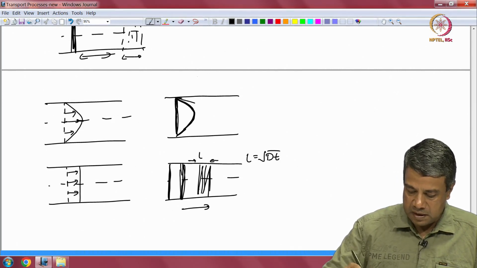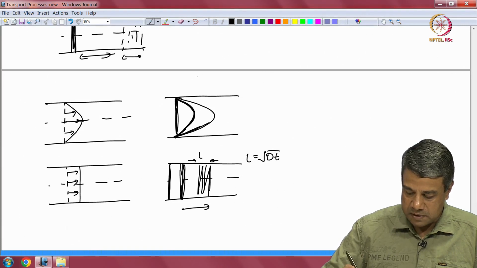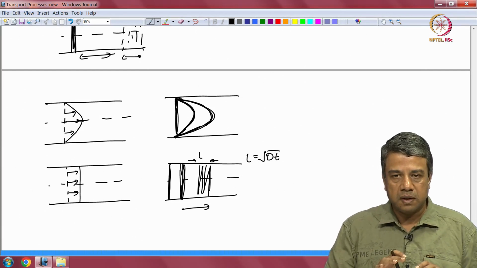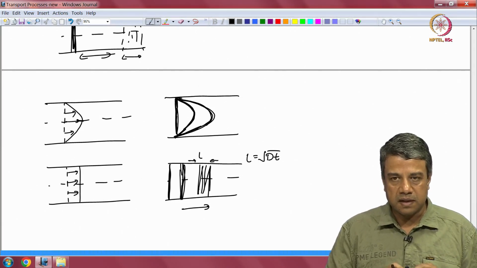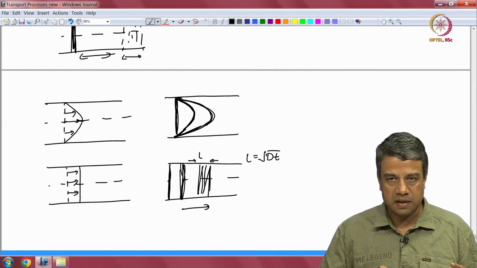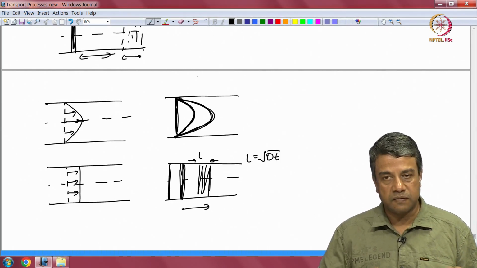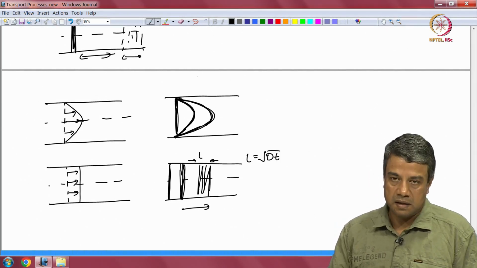And as it goes further, it spreads over a significantly higher distance still. So, the convection tends to elongate this initial pulse, and then there is cross stream spreading due to diffusion, and this results in a significantly higher diffusion coefficient when you are at high velocities.